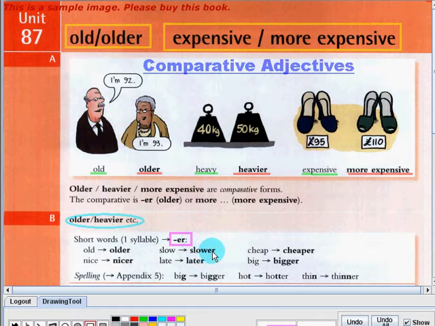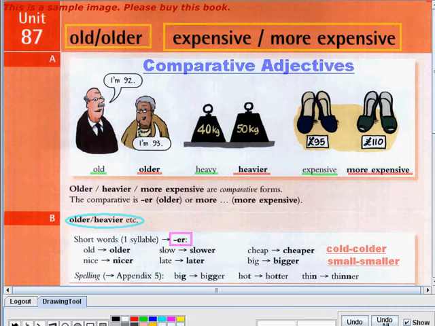Slow, slower. Late, later. Cheap, cheaper. And the last sample, big, bigger. So how about your samples? Can you give examples of words with one syllable?